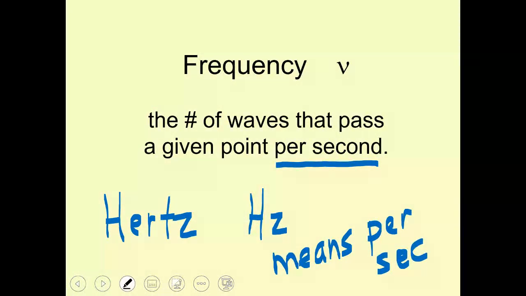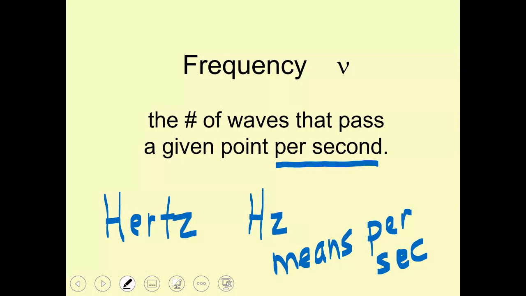If you look on an old radio dial, let's say, for example, a popular radio station in this area is 96.9. That is actually 96.9 megahertz.